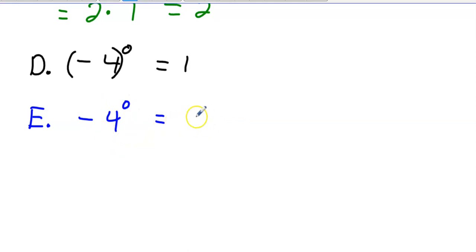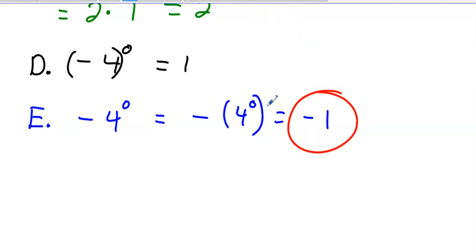So without the parentheses, it's really the negative of 4 to the 0 power. So that actually would be negative 1. So if you have a negative with or without parentheses, it does make a difference in the answer.